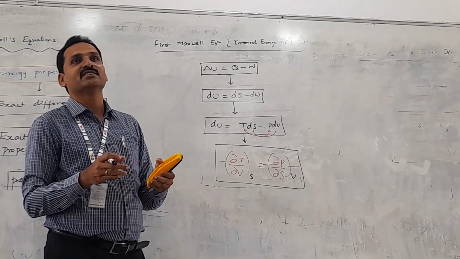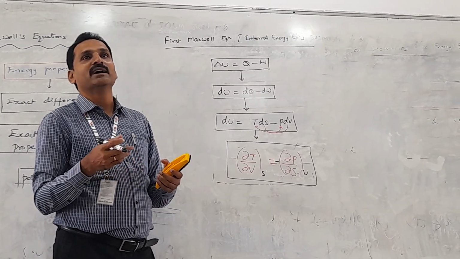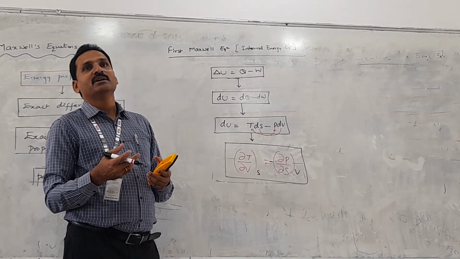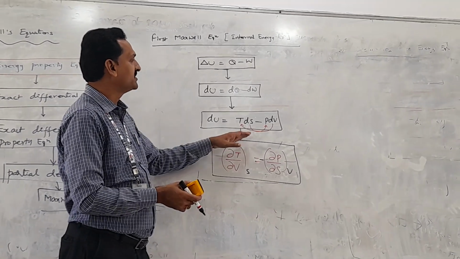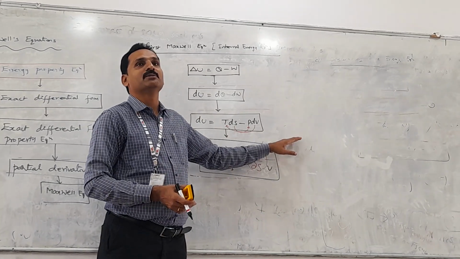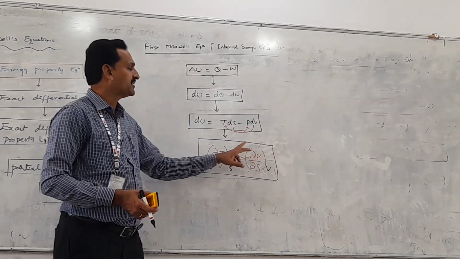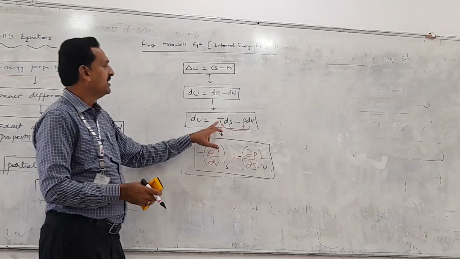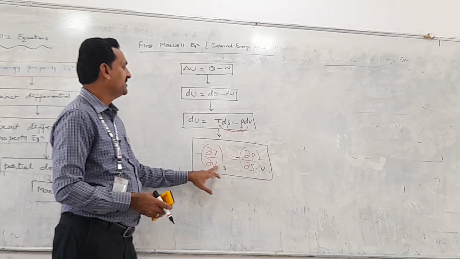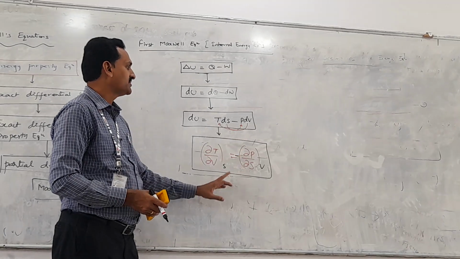They are not necessary or important. For biology students, you may not understand all these 20 steps. That's why all these unnecessary steps are skipped, so directly I am writing the Maxwell equation. Easy way, this is the shortcut form: dou T by dou V is equal to dou P by dou S.